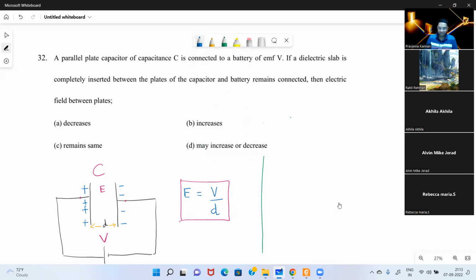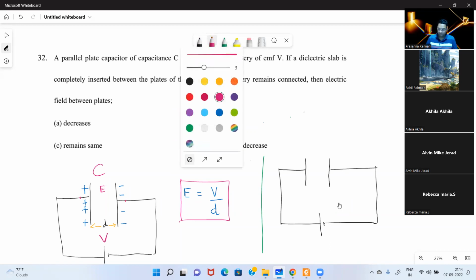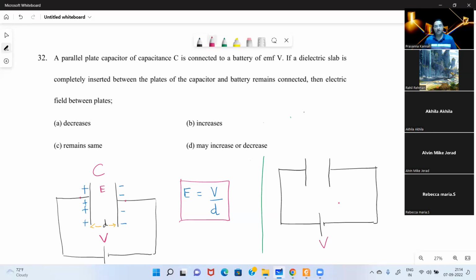Now let's see what we are doing. We have the capacitor, it's connected to the battery. The battery's voltage is still V. Now, while the battery remains connected, it's given the battery remains connected, a dielectric slab is completely inserted.